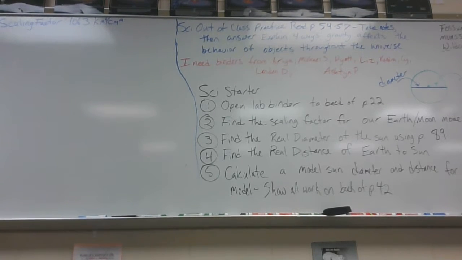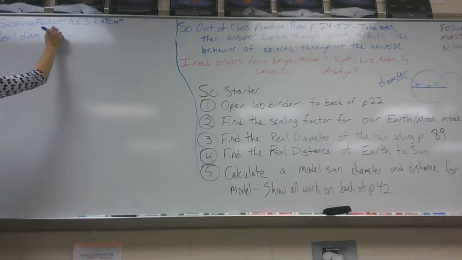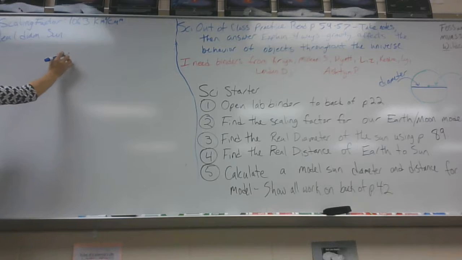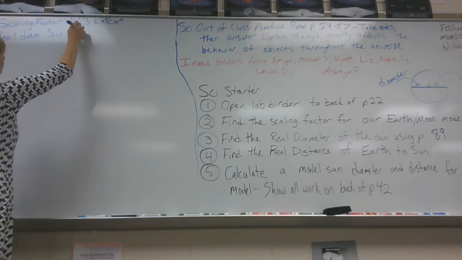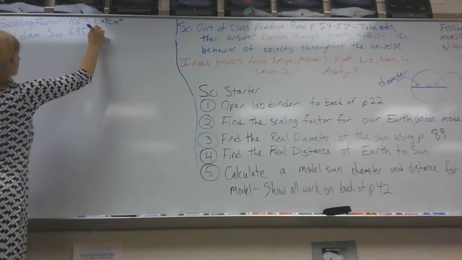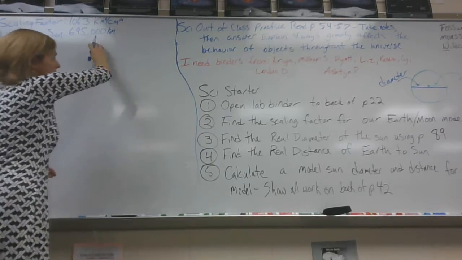Yep. It looks like y'all have it. Okay, what is the radius of the sun? So I'm gonna say real diameter of the sun, and so our radius is what? 695,000 kilometers. Thank you.